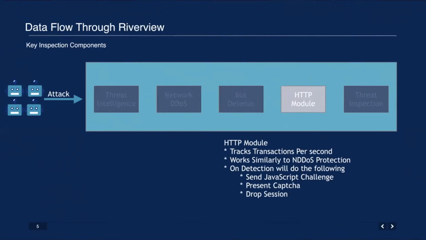It's a little more muddy than that. What we do is send a JavaScript challenge: are you using a web browser and able to actually complete this calculation? Or if that fails, we'll send a CAPTCHA and say, please prove that you're not a robot. If you fail both of those, then we feel safe to drop the session.